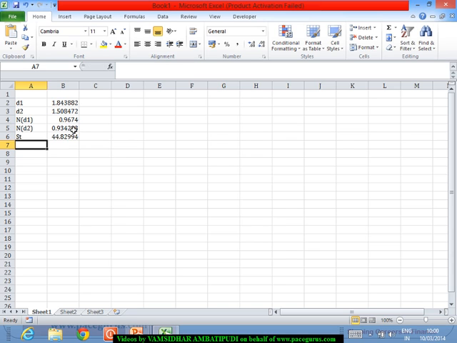So the value of the equity here is working out to 44.82 million. Right? The value of the equity is working out to 44.82 million.